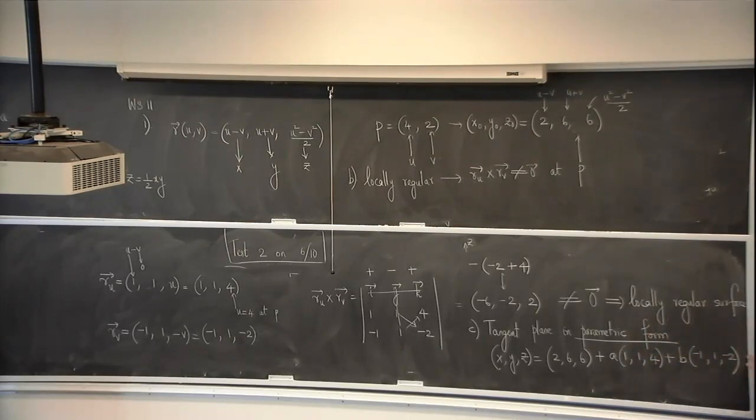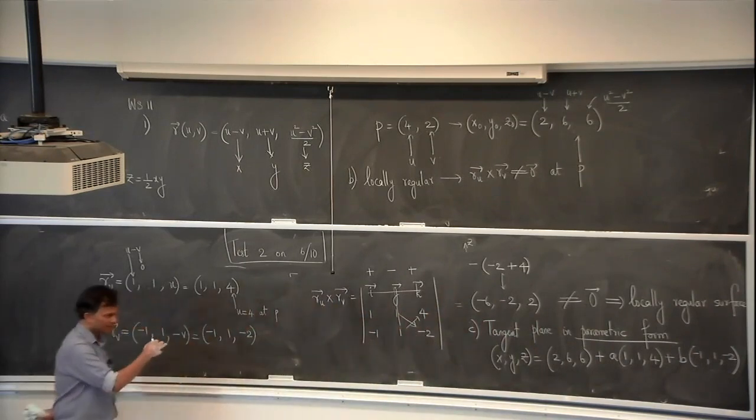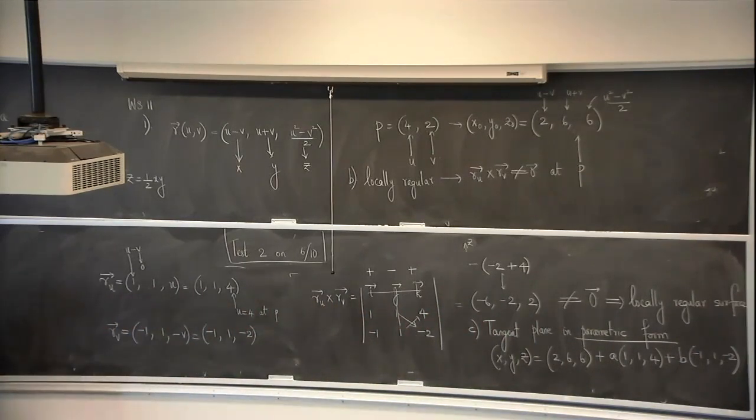So once you have everything calculated, it's just a question of putting them in the right place, and that's it. There is no need to simplify it further. That is the official way of writing a tangent plane in the parametric form.